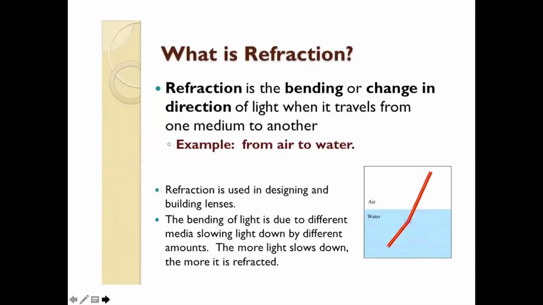So refraction is the bending or change in direction of light when it travels from one medium to another medium, for example, air to water. It is used in building lenses. The different types of glasses that you wear are made of lenses. The bending of light is due to different media slowing light down by different amounts. The more light slows down, the more it is refracted.